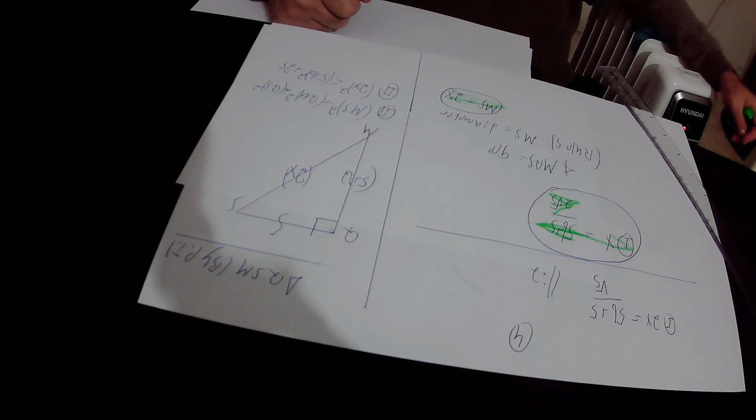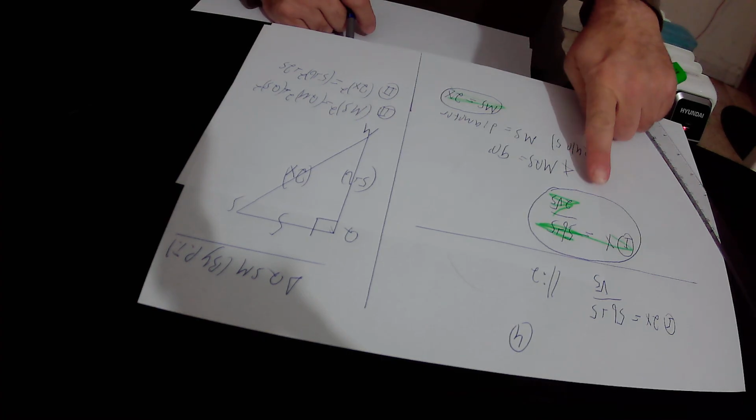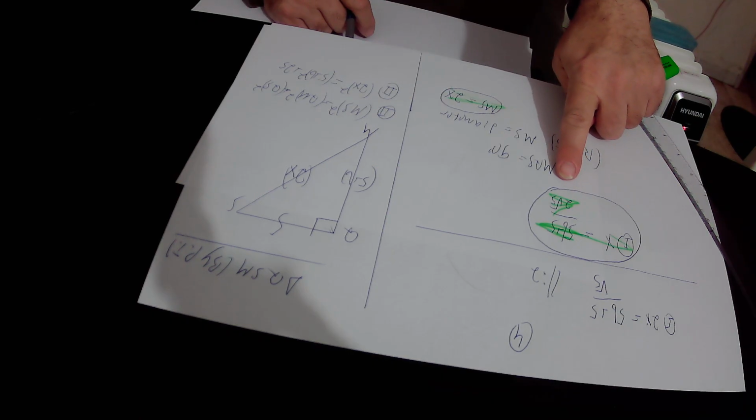In the next step, we will substitute x in equation number 2 by x from equation number 1. According to equation number 1, x equals 5b plus 5 over 2 times square root of 5.